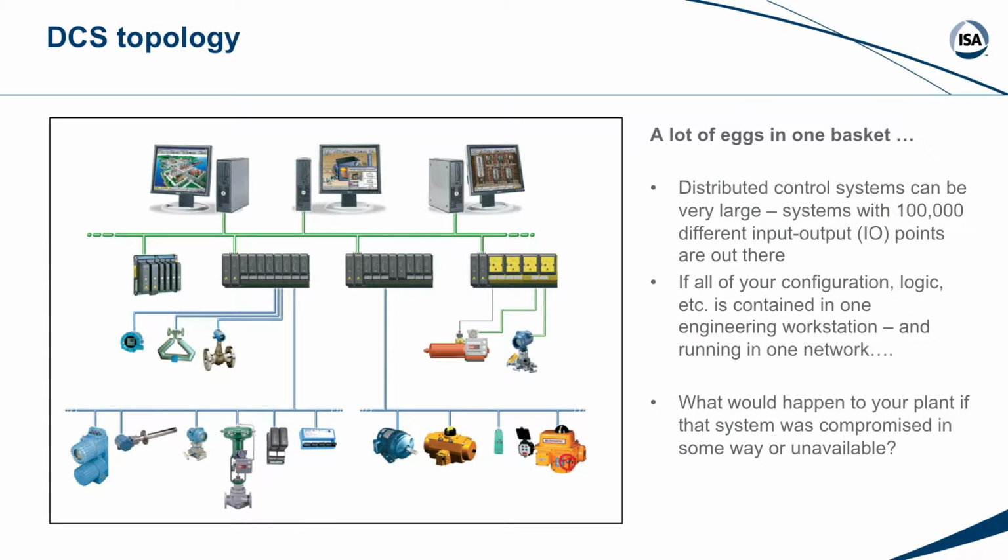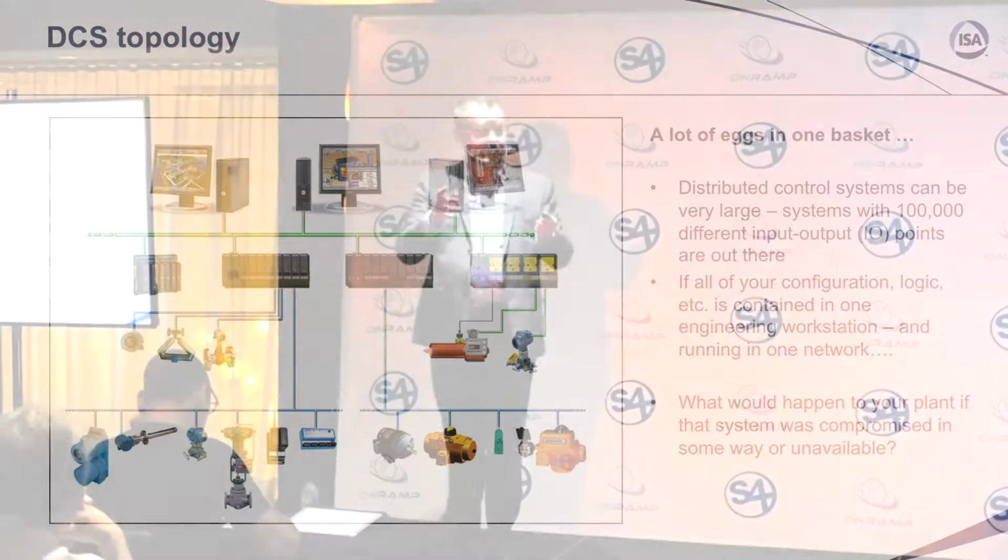So I talked about this a little bit already with regards to the topology of a typical distributed control system. If you think about how you've got this hierarchical system of hundreds or thousands of devices coming up into controllers and then coming up into one, you know, sort of master configuration database, what we would call the Engineering Workstation, you can see that that would be a juicy target from an attacker perspective, right?